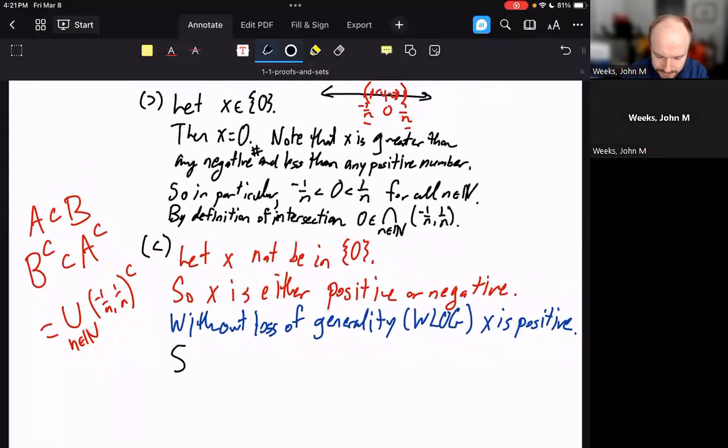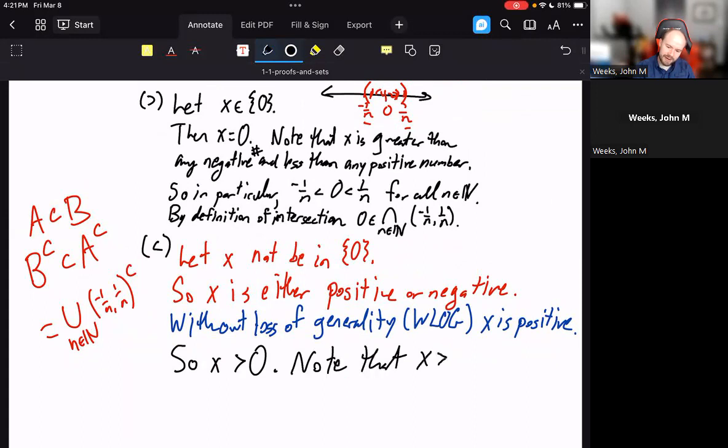So, well, X is greater than 0, which means what? Is it possible now to take something like X being greater than 0 and make it so that it's actually inside of one of these sets? I think that's an interesting question. Well, note that X is greater than X over 2, right?